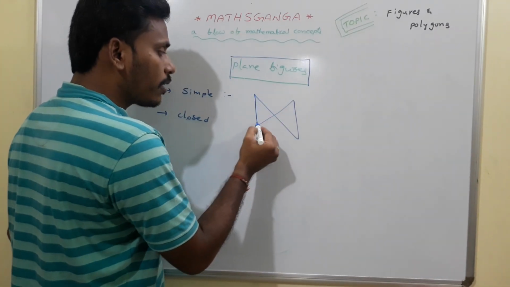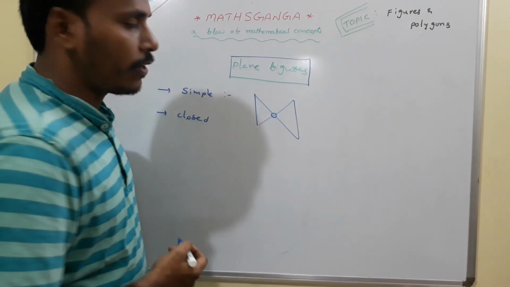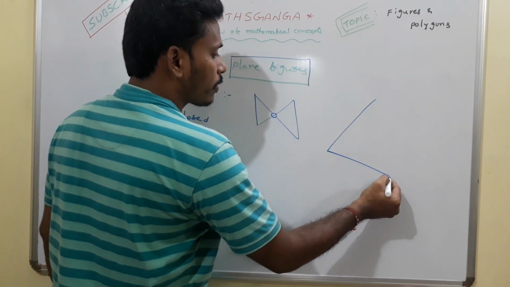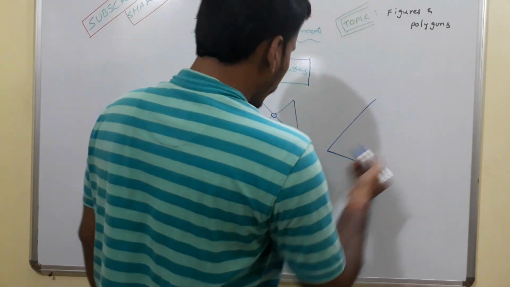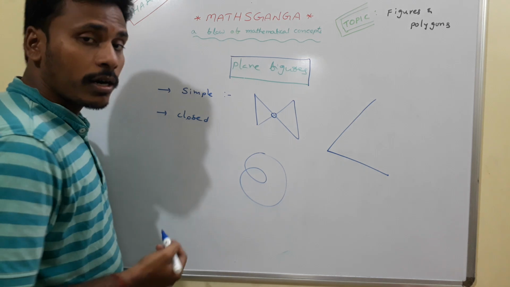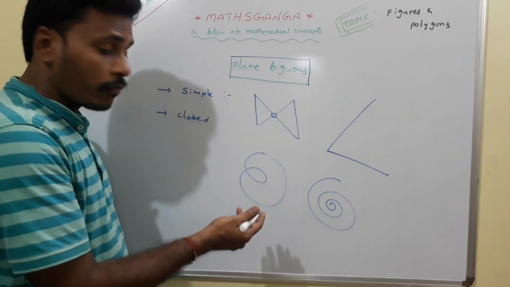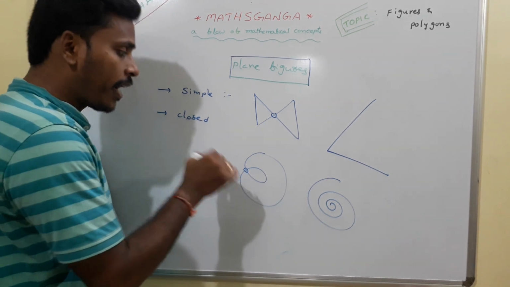This figure has an intersection here, so this is not a simple figure. And if I have a figure like this, this is a simple figure. This one is also not simple. And this one is simple. Why? Because it doesn't have any intersection, and this figure has an intersection.